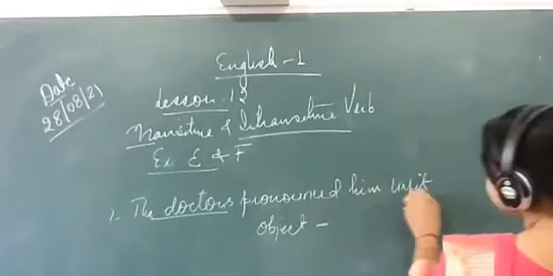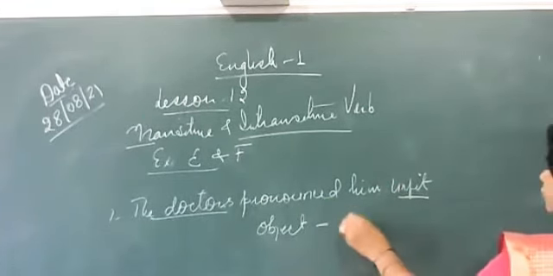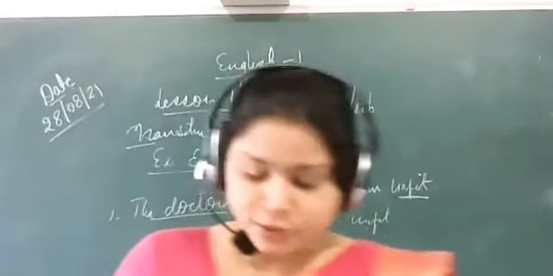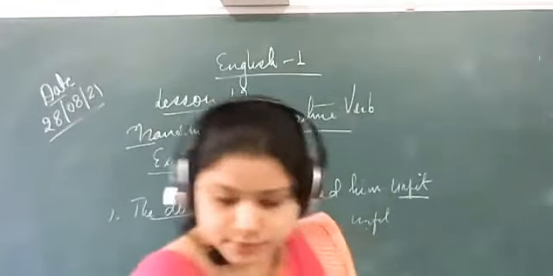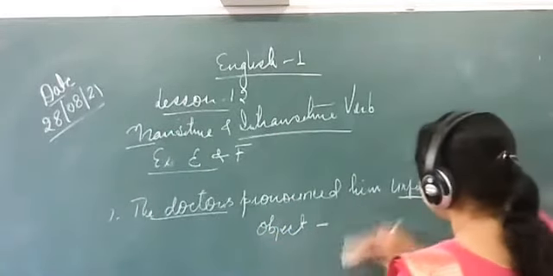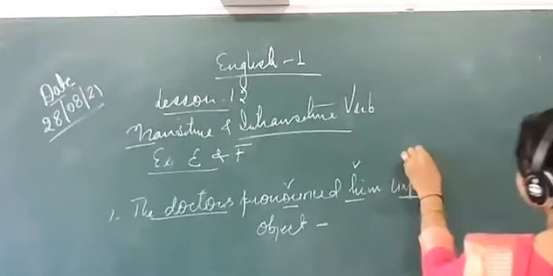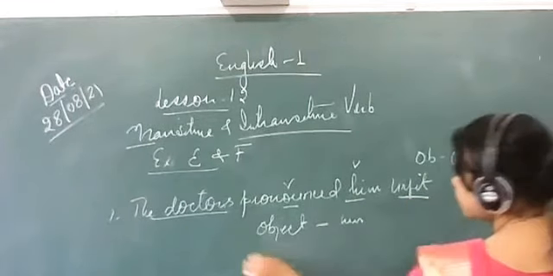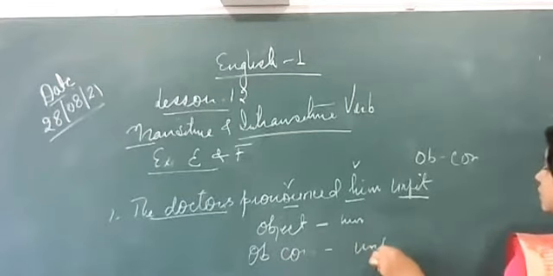Pronounced is the verb, and that will be the object. Sorry, object is him. This is verb, this is object, and this is objective complement. So object is him and objective complement is unfit.